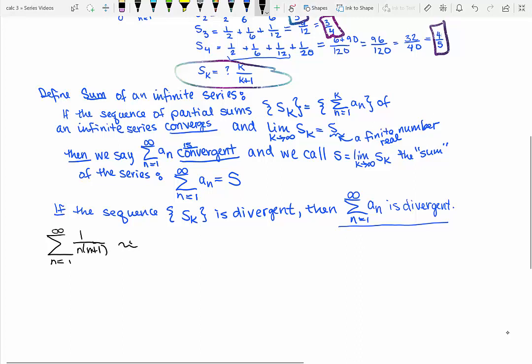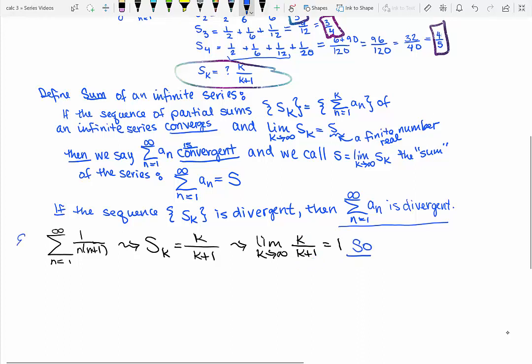And we notice that its kth partial sum could be written as k over k plus 1, and that the limit as k goes to infinity of k over k plus 1 is going to be 1. You can see this either by applying L'Hopital's rule or by dividing everything in sight by k, and then you can see this is 1 over 1 plus 0, which is 1. Let me make it look pretty again.